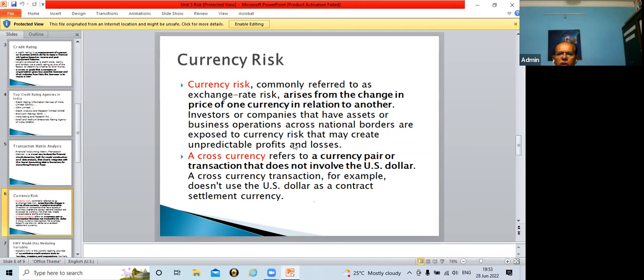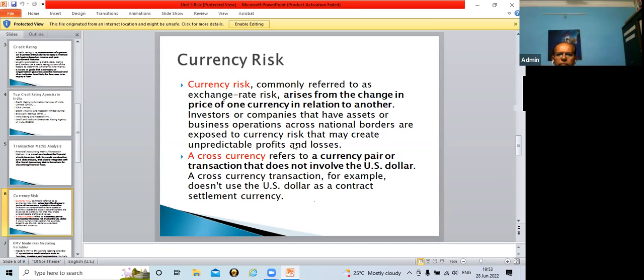Similarly, Google and Microsoft belong to America, but they also have offices in India. So they have transactions between America and other countries, maybe Japan, India, Nepal, Bangladesh, and so on. So their currency and the dollar.